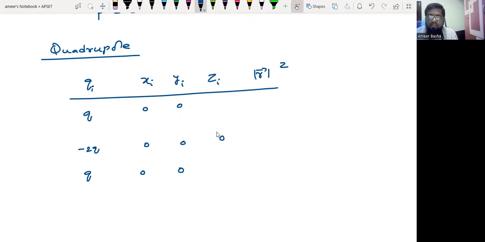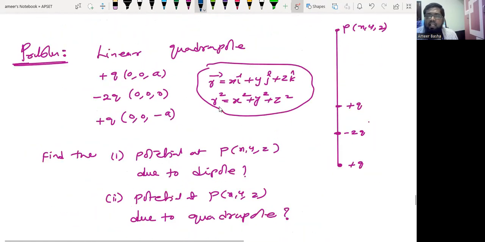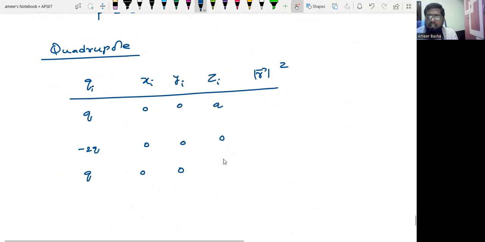For them, Z is also 0. Then first one is placed at A and last one is placed at minus A. This is A and this is minus A. I can calculate here, it will be simply A square. And here it is 0 square, that is 0, and here also it is A square.